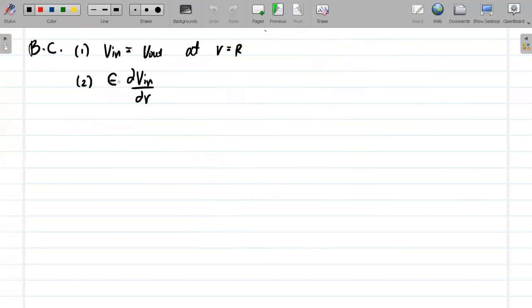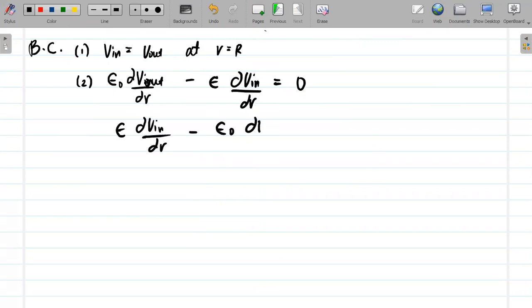So, epsilon not V out pala to, minus epsilon partial V in partial R, that is equal to 0. Now, class, baliktarin ko lang to. So, epsilon partial V in partial R minus epsilon not partial V out partial R, that is equal to 0.